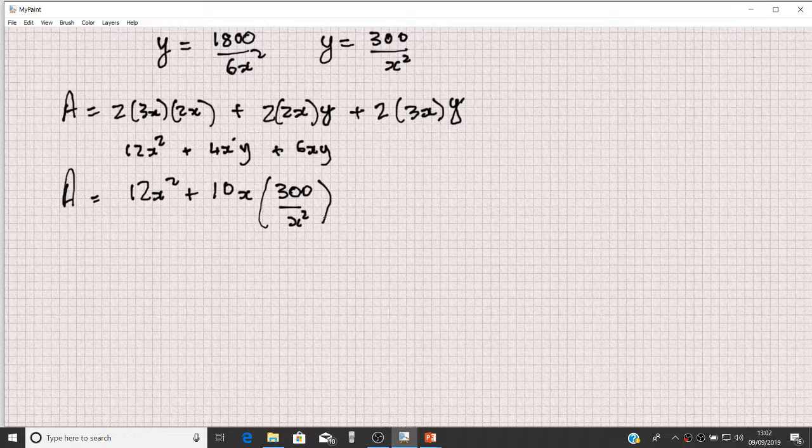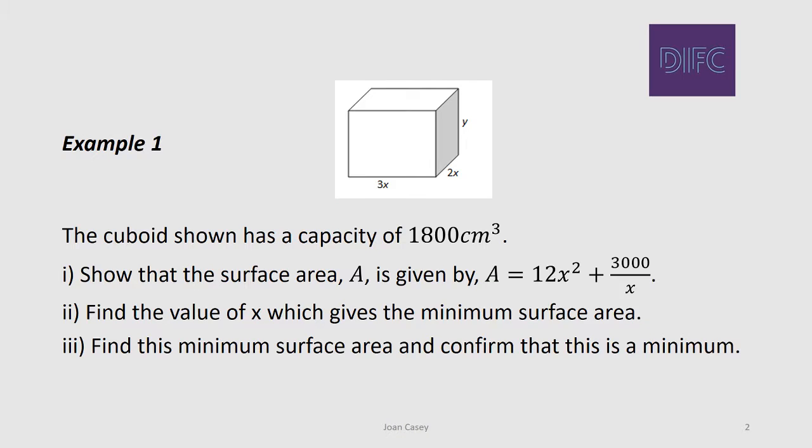Just subbing the y that we found equals 300 over x squared. So now we can simplify that to area equals 12x squared plus 3000 x divided by x squared will give us plus 3000 over x, which is in fact what we were asked to find in the first place. I'll go back to the question now. Area given by 12x squared plus 3000 over x.